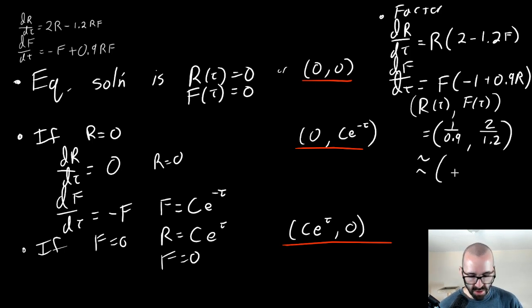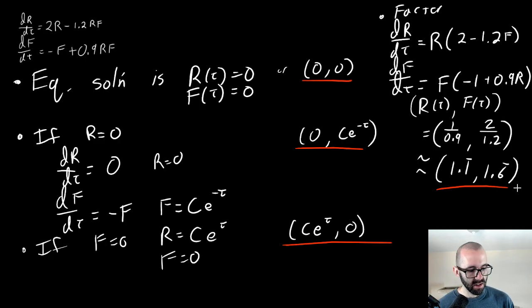And again, that solution approximates to about, I did this calculation ahead of time, 1.1 repeating and 1.6 repeating, I believe. So we have some solutions here. This is an equilibrium solution as well. Why? Because it's a constant solution. It's a pair of constant solutions specifically.